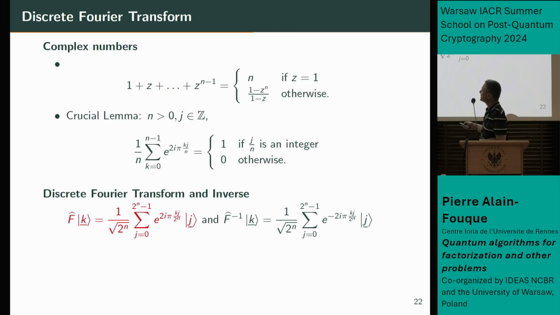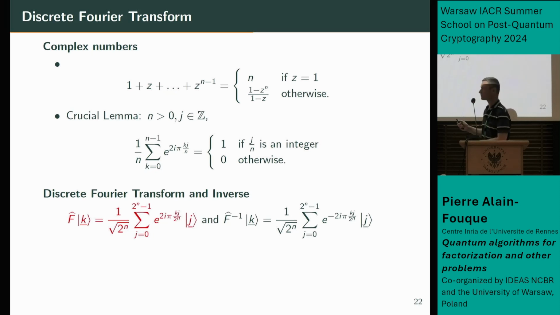The discrete Fourier transform is defined like this. For some qubit k, you do a linear combination, with a normalization factor and a complex amplitude. The only difference with the inverse Fourier transform is that here you have a minus, and here you have a plus.